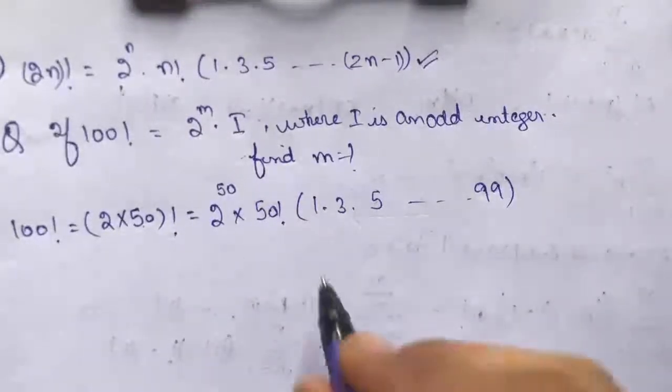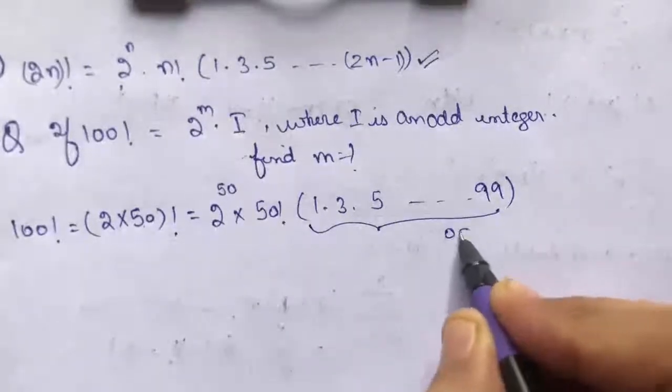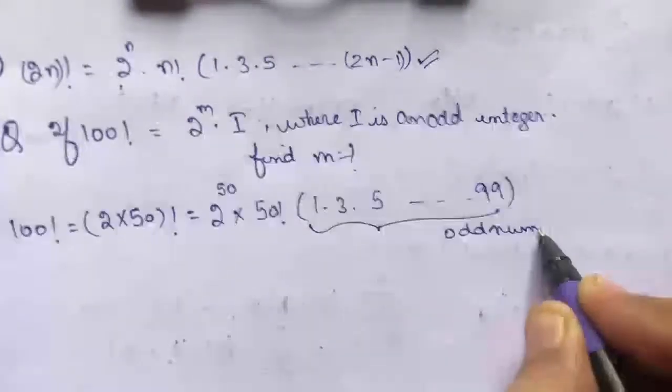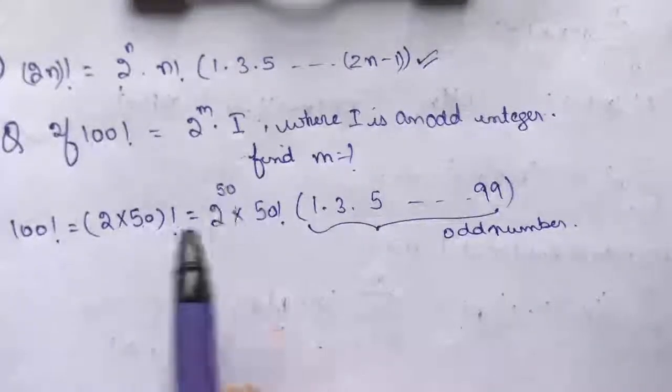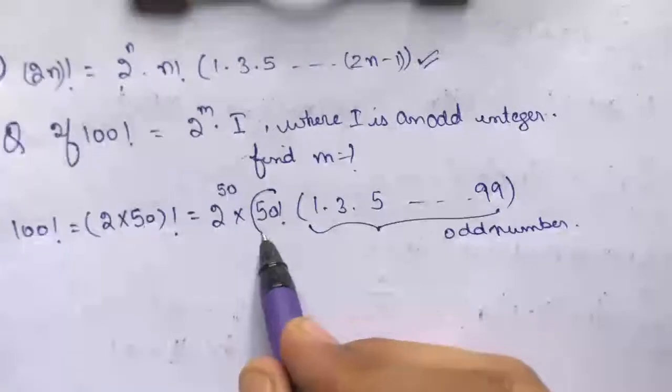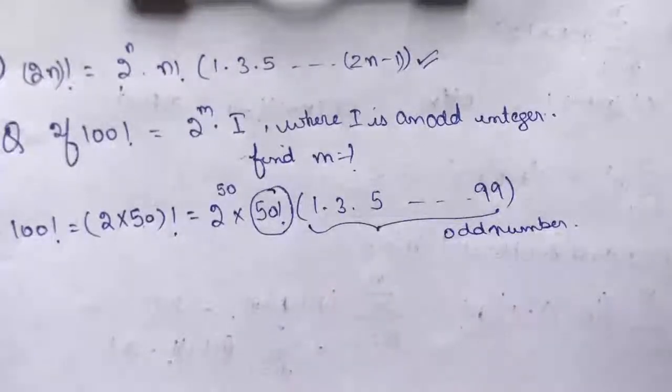Now this product will result in an odd number, and here it is 2 raised to the power 50. Now we need to see what this 50 factorial actually is.